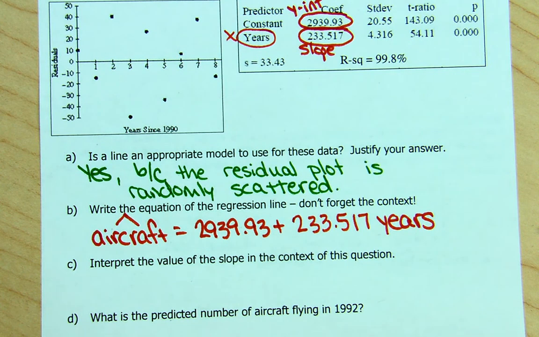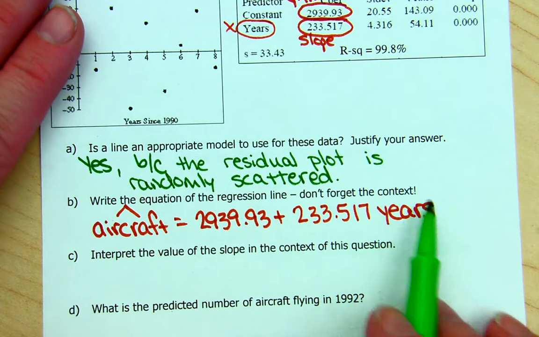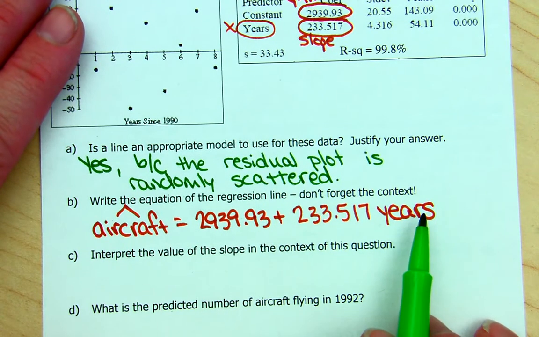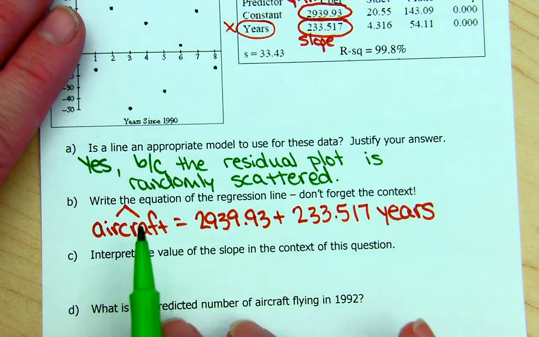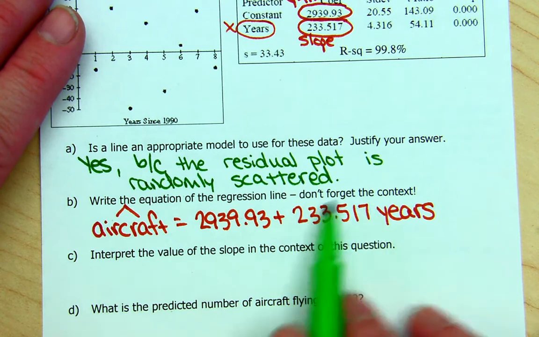Okay, so now we're going to interpret the value of the slope in context of this question. So this is exactly what we were doing before when we interpreted the slope. So we're going to say for each year after 1990, we expect the number of aircraft to increase by this amount.